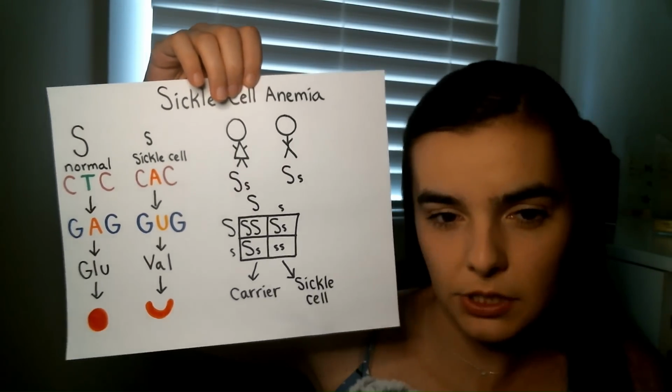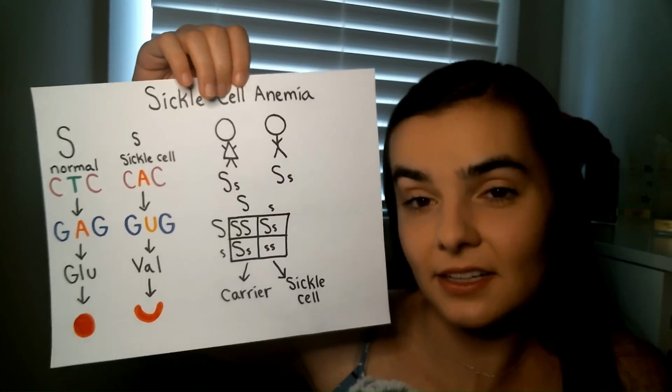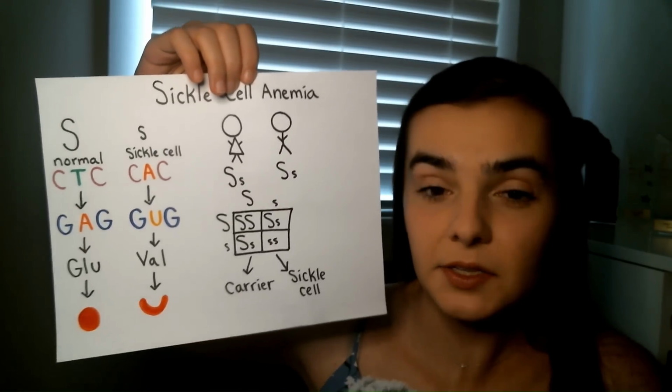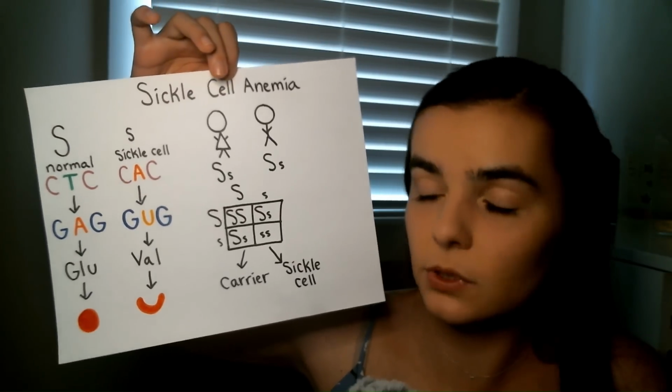And just something interesting about sickle cell anemia. The reason that it is prevalent, and it is more prevalent in African Americans or African individuals, is because sickle cell actually protects you from getting malaria. So while sickle cell is not good and causes a lot of issues, those sickle-shaped red blood cells can't carry malaria, and so these individuals are resistant to malaria.